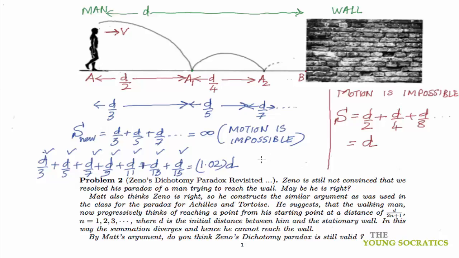So there is no need of continuing the motion in this manner because otherwise he would be crashing inside the wall. Hence the argument of Matt is wrong and Zeno's dichotomy paradox stands again invalid and the motion is possible.